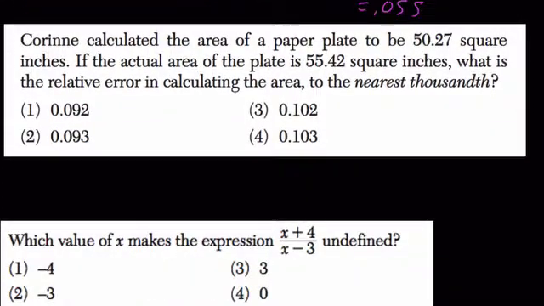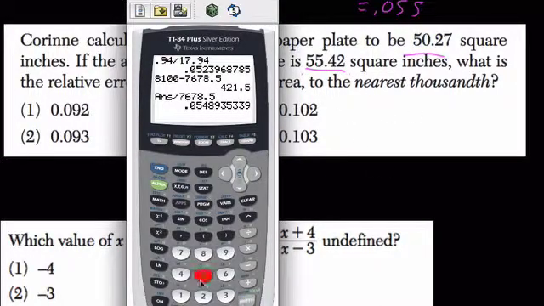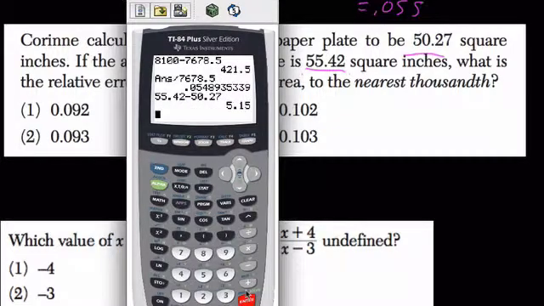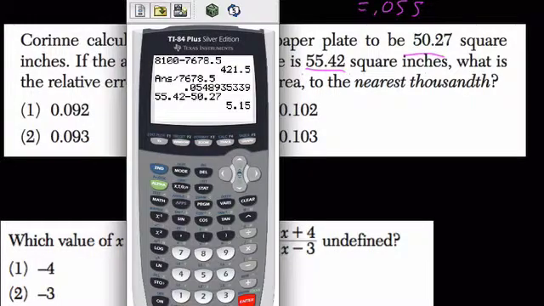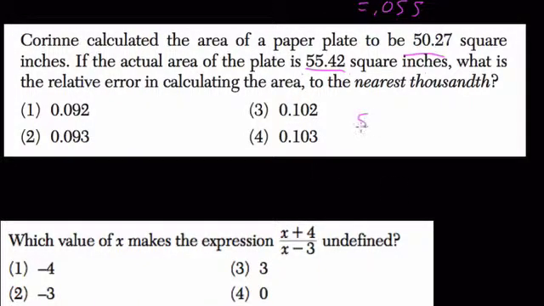Okay, so we calculate the area of paper to be this, but the actual is this. What's the relative error? So if we subtract the two, we get the absolute error. That's the first step. So 55.42 minus 50.27, or 5.15.